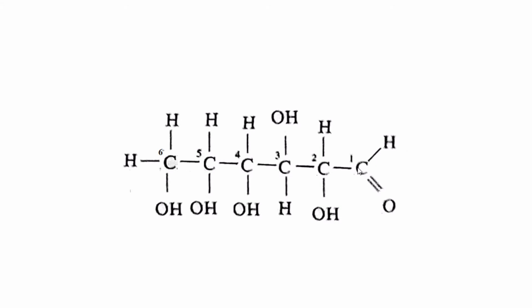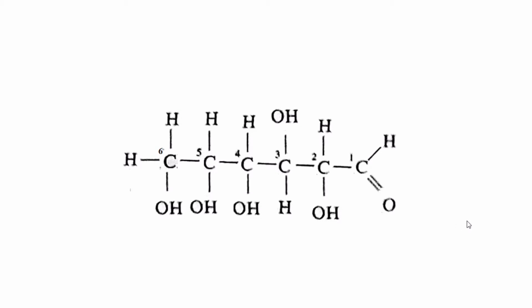Here you have the first carbon atom, second, third, fourth, fifth and sixth carbon atom attached to two hydrogen atoms and one hydroxyl group. So this is CH2OH. This carbon number 1 will have the aldehyde group, and the hydroxyl group of carbon number 5 will react with the aldehyde group of carbon number 1.